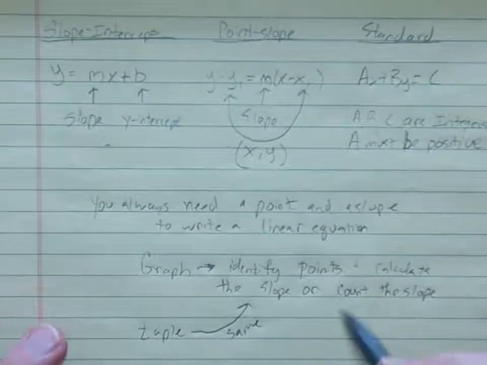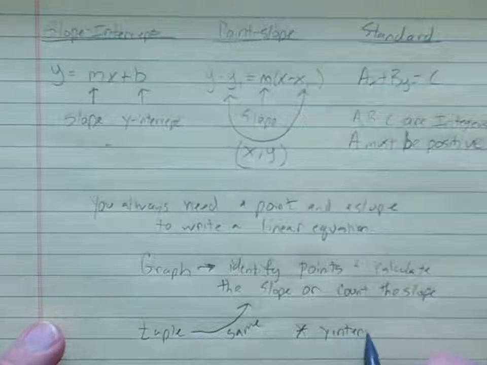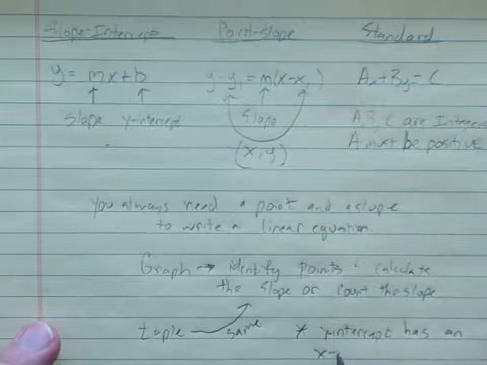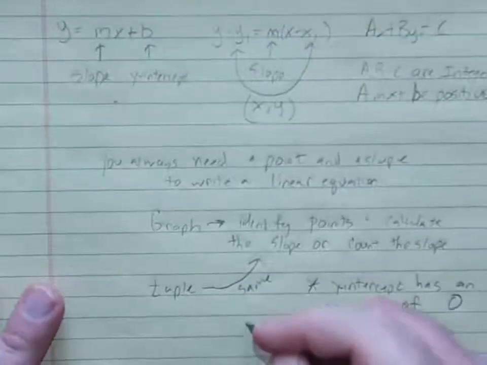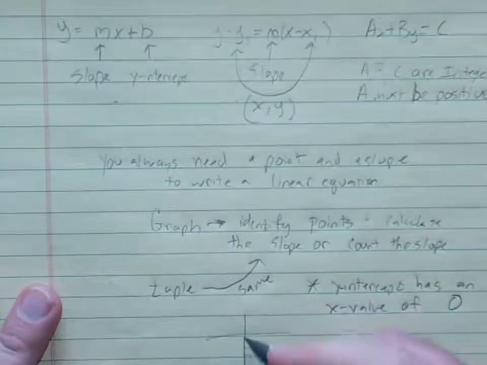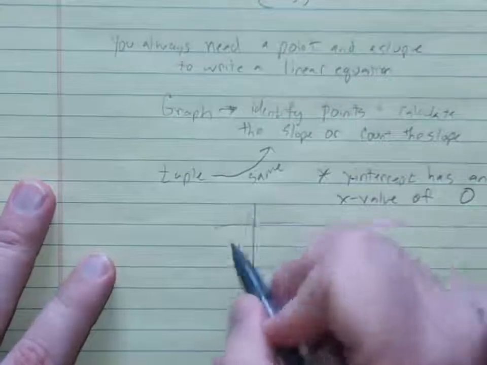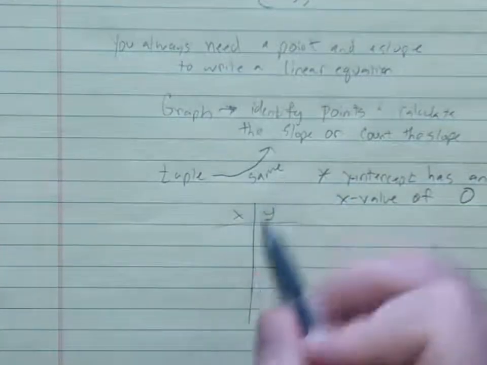Also on the table, side note, the y-intercept has an x value of 0. For example, let's say that I gave you the table that looks like this.